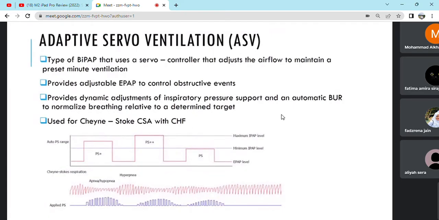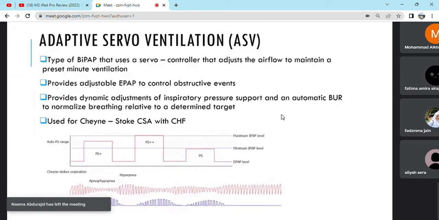So this is actually the advantage of your adaptive servo ventilation together with an automatic backup rate. So that when your patient stops breathing, definitely the machine will give the needed backup rate. It's not just plain pressure support. Because if the patient stops breathing, just like in cases of Cheyne-Stokes CSA, definitely you do not expect that there is a backup rate otherwise.